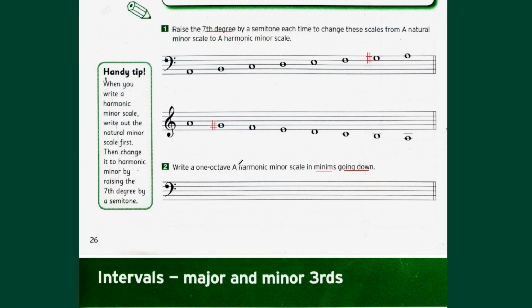If you count 3 semitones up from A, you'll get to C major. So we don't need to write any sharps or flats after the clef. Straight away I'm going to write the notes from A. Since this scale is going down, I'm going to start with a higher A and write all the white keys from A to A.